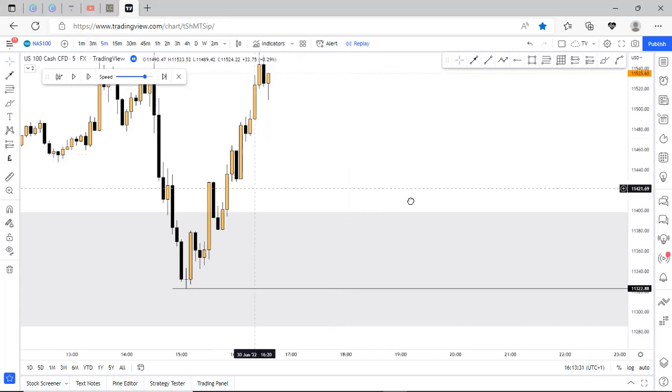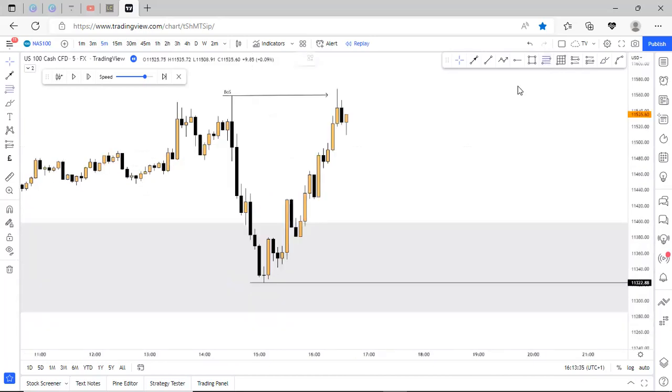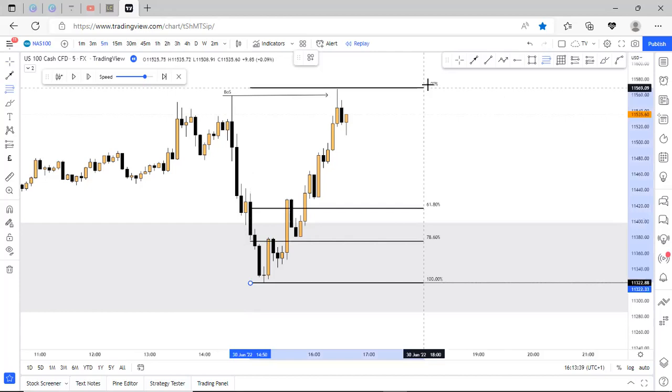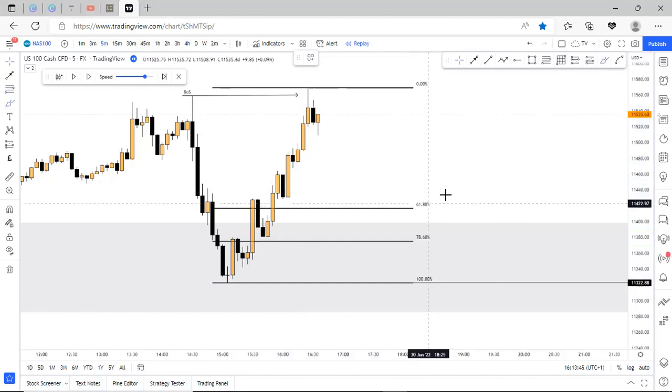But if you are unable to get a zone, you can pull out your Fibonacci retracement tool from the last swing low to where you have your break of structure, and any point of interest that you can find between the 61 or the 78% on the Fibonacci retracement tool is a good discounted zone for you to take your buy trade from.